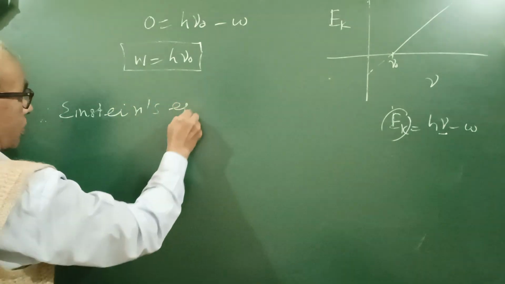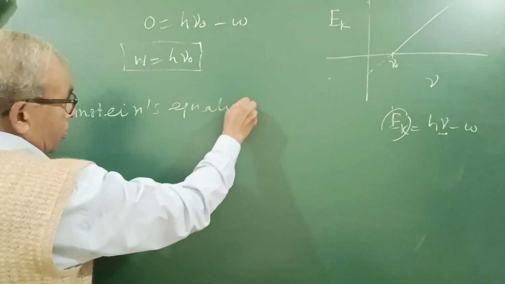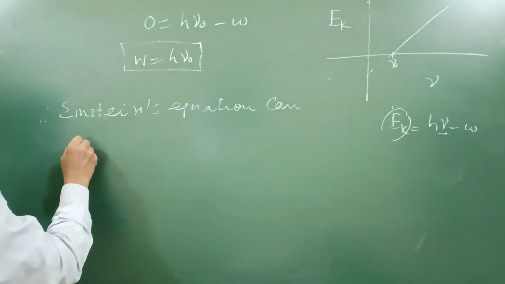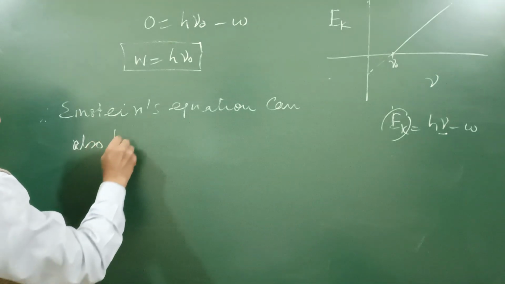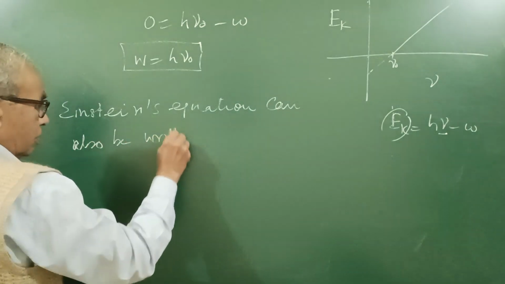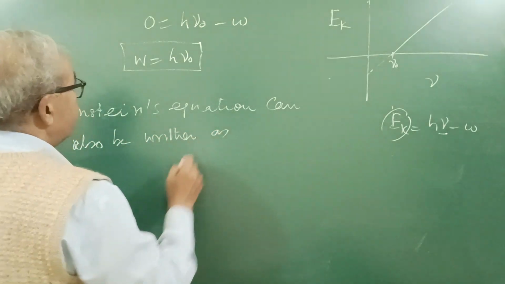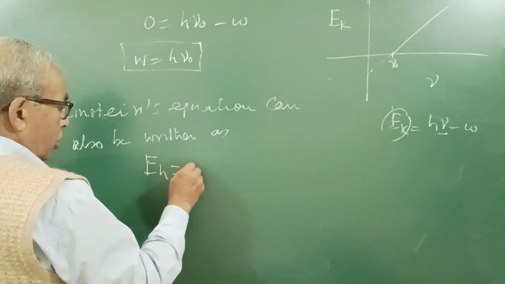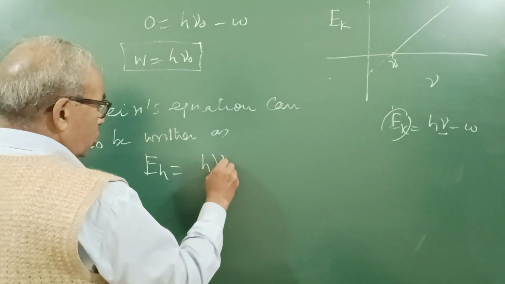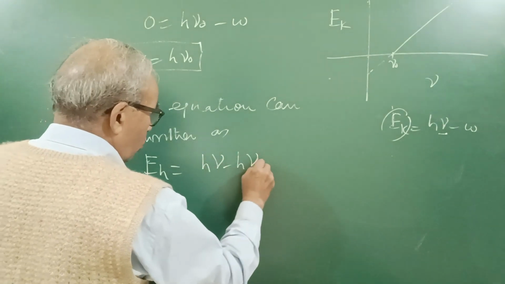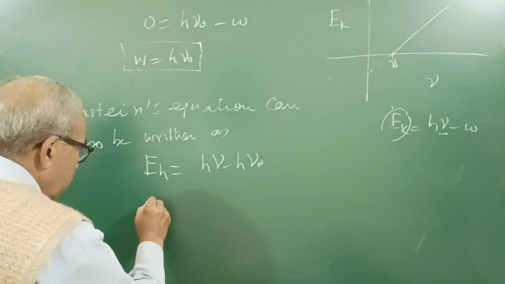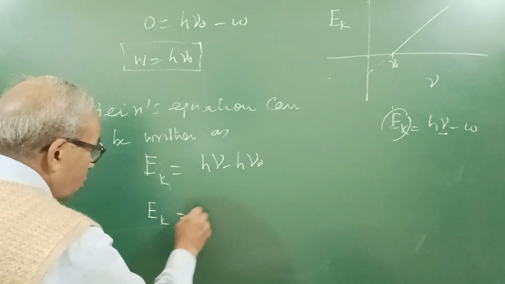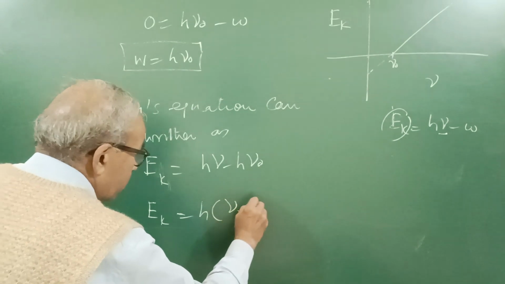So equation 1, Einstein's equation, can also be written as Ek is equal to h nu minus h nu 0, or Ek equal to h into nu minus nu 0.